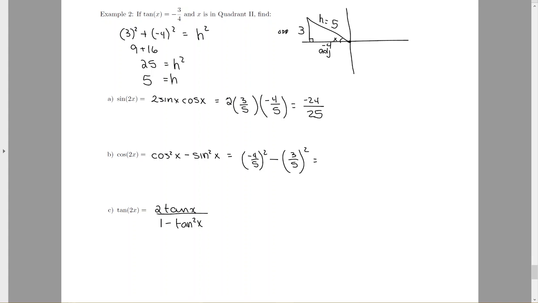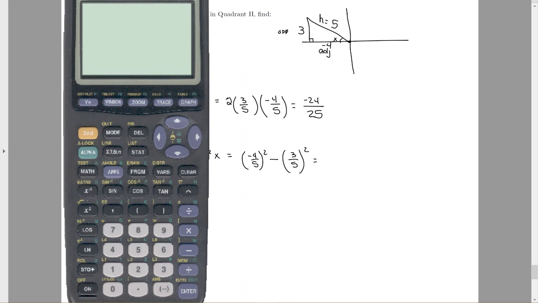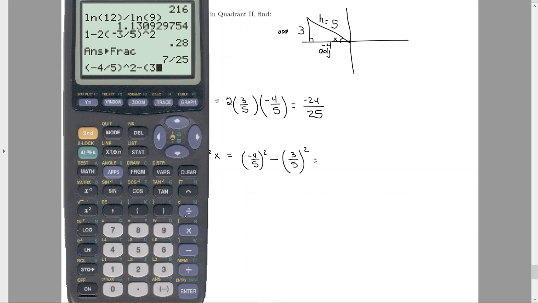And again, if you're secure in your signs and your fractions, then go for it. If you're not, when you type it in, you have to type it in with the parentheses, as you see it. So -4/5 squared minus, and then parentheses again, 3/5 squared.